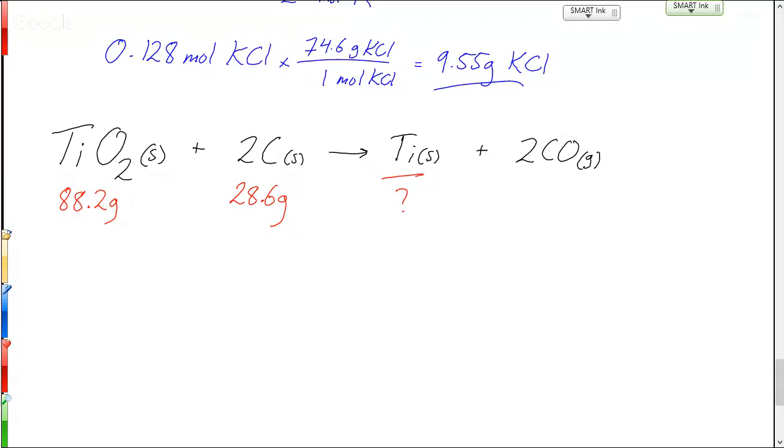The molar mass is only calculated based on the substrate, so you basically use the formula. Grams of Ti, once you figure out how much. In this case, yes, because they're a 1-to-1 ratio, because of the equation.